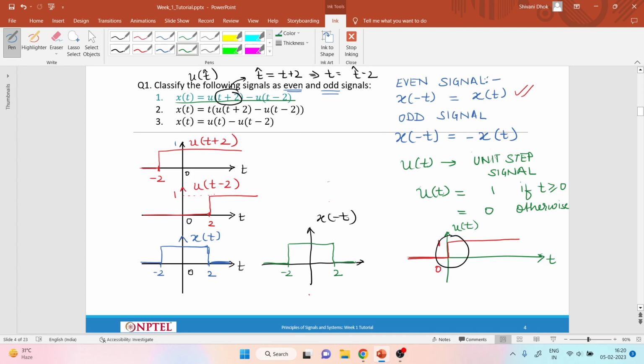So this is my x of minus t. So we can observe that both of these signals are same. That is, they are equal, which implies that this x of t is an even signal.